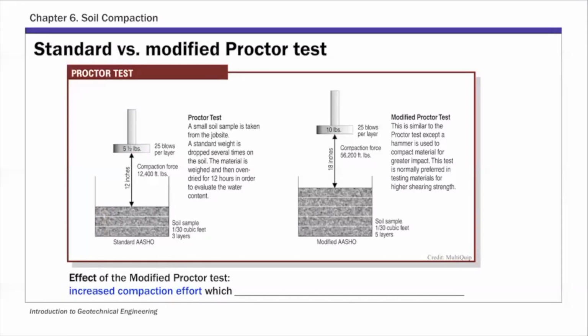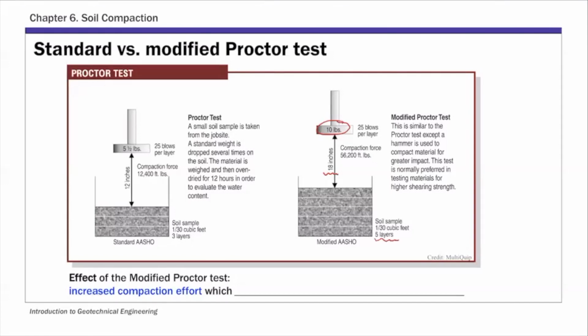If you look at the comparison here, there are a few differences. In the modified Proctor test, the weight of the hammer is larger, 10 pounds. The drop distance is 18 inches instead of 12. And you're compacting soil in 5 layers instead of 3.